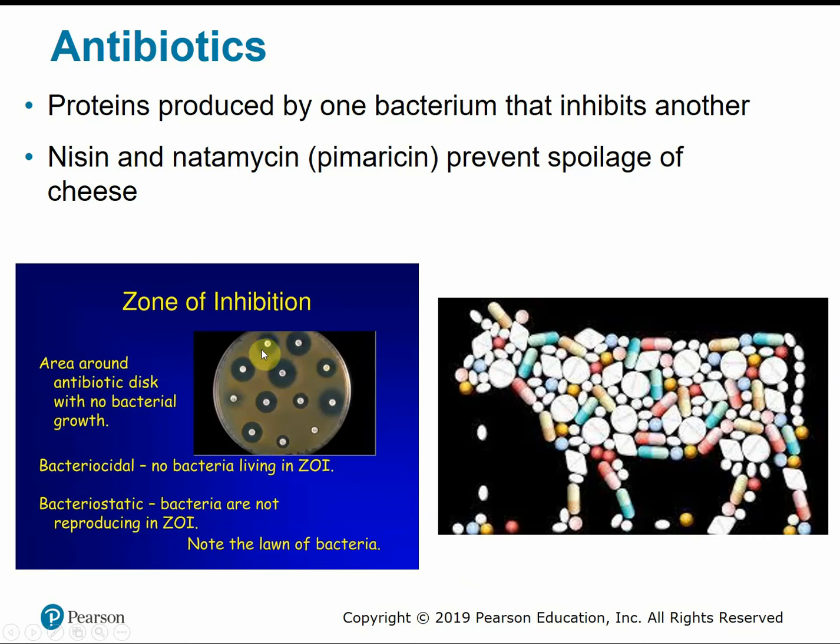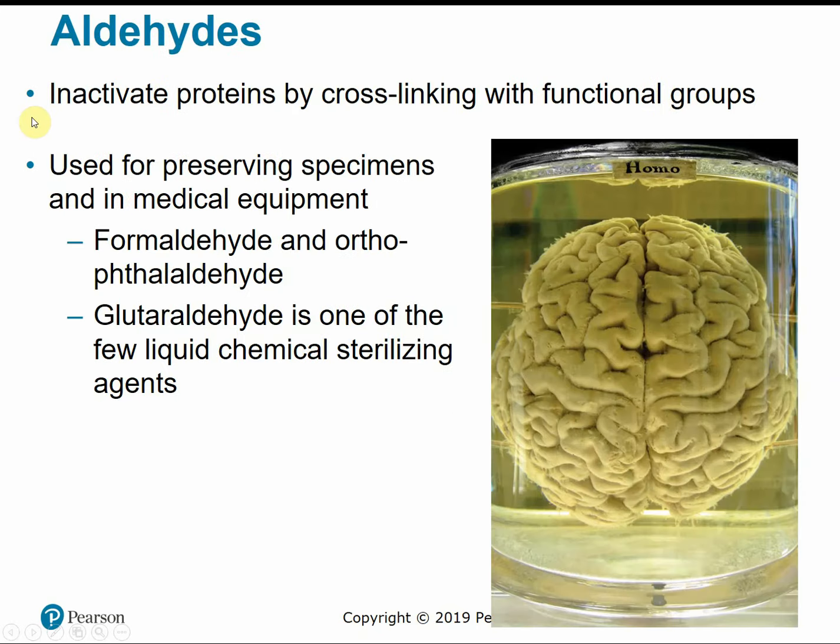We'll do this in lab later in the semester to see which antibiotics are most effective against certain bacteria. Aldehydes work by inactivating proteins by denaturing them. This is used for preserving specimens and in medical equipment, like formaldehyde that we use to preserve our specimens for dissection.